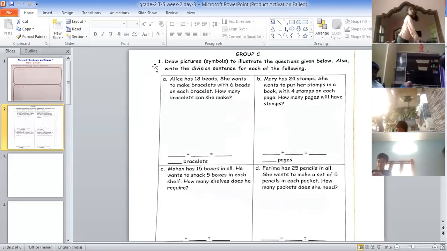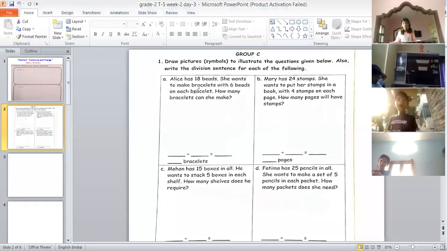Draw pictures or symbols to illustrate the questions given below. Also write the division sentence for each of the following.